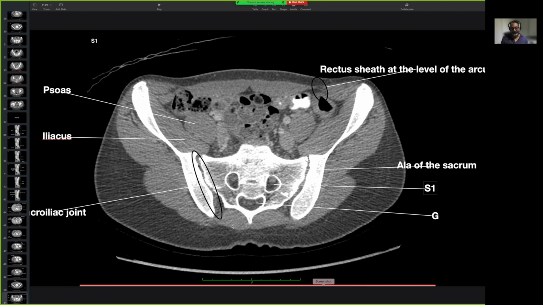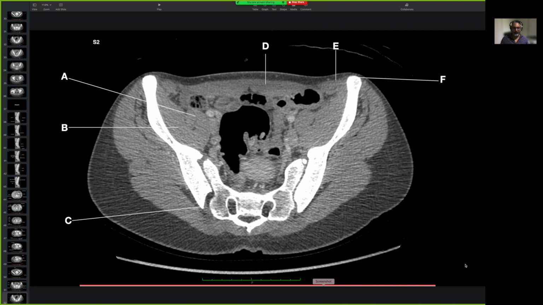And what is G? Yeah, spinal canal or sacral canal. Correct. Well done. Now we're at S2. Correct. Correct.